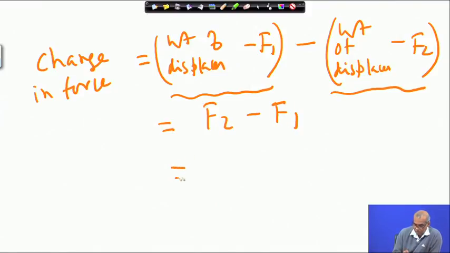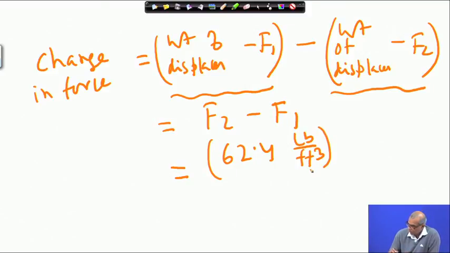which will be nothing but 62.4 pound per feet cube. So, this is the gamma for the liquid, specific weight for the liquid, into pi d square by 4.